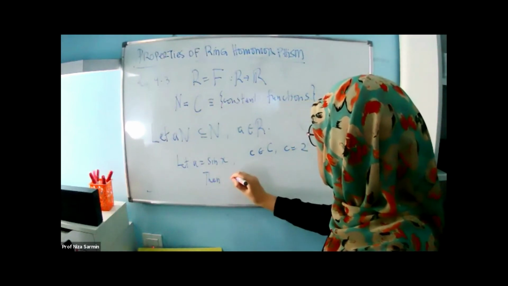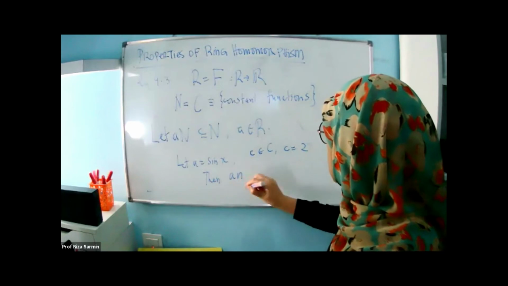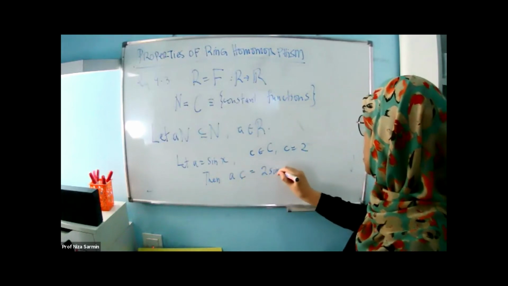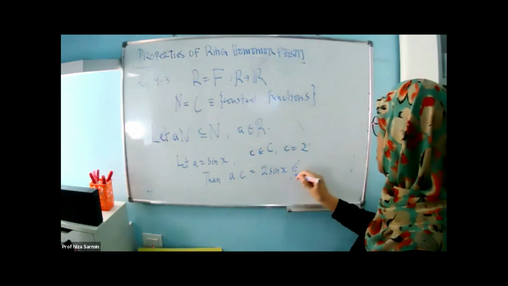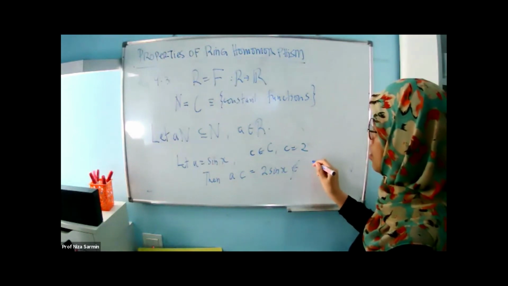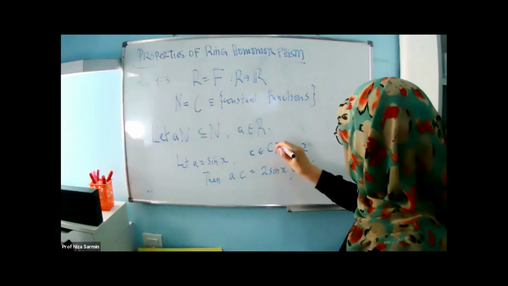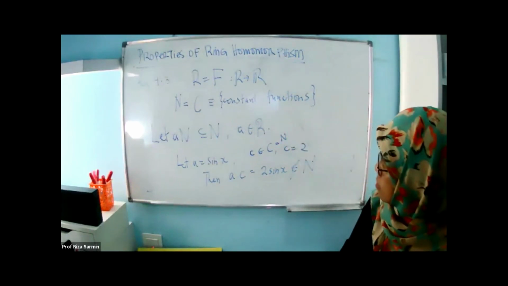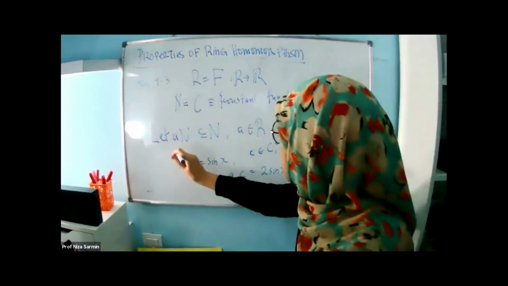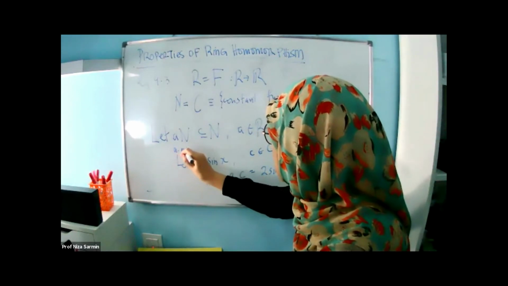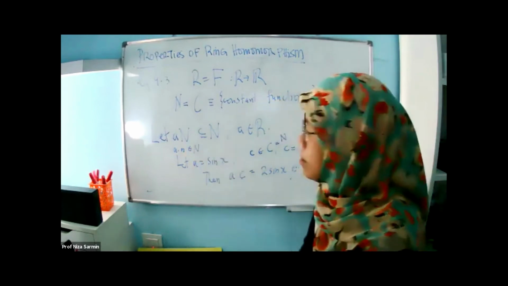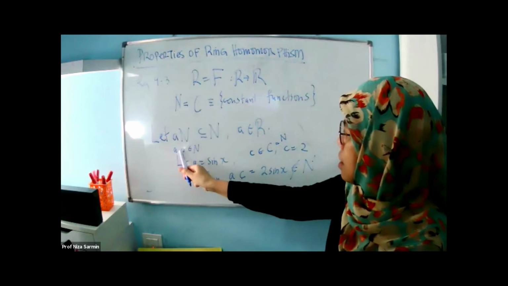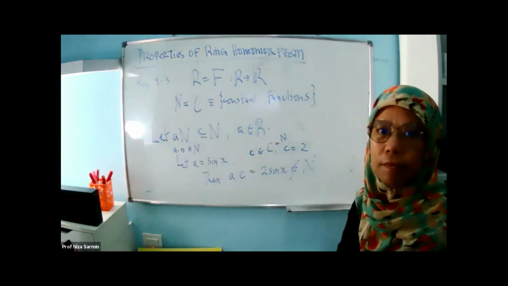Then you want to show ac, which is 2 sine x, is not in N, right? This is the same thing as saying a times N is in N. It's the same thing, yeah? aN is a subset of N, meaning a times n is in N.